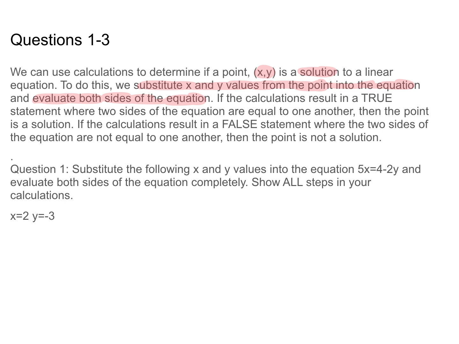If the calculations result in a true statement, where the 2 sides of the equation are equal to one another, then the point is a solution. However, if the calculations result in a false statement, where the 2 sides of the equation are not equal to one another, then the point is not a solution.